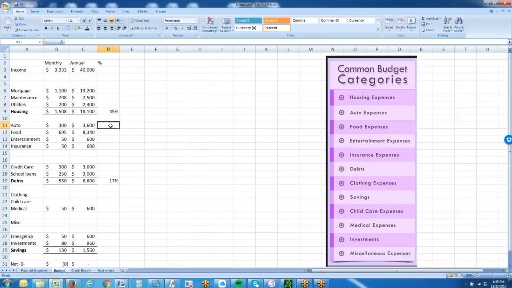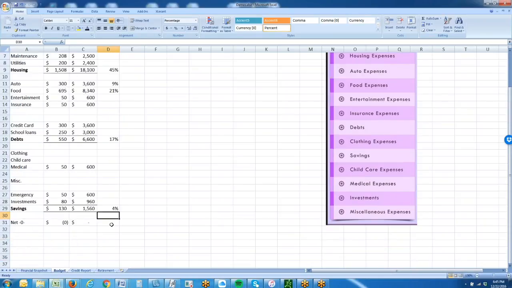If we look at auto, we'll divide that again by your income, and we'll do this with the food, and maybe we'll pick one more. We'll do savings and divide that by income. So 4%.